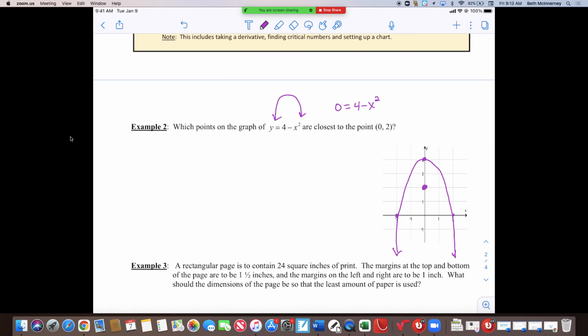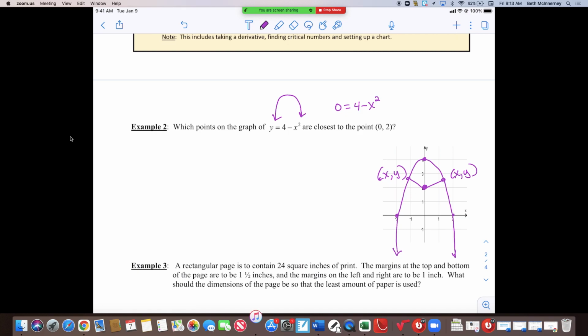And what I'm trying to find is which points are closest, actually that would be just x, y. So I'm trying to figure out which points on the graph of the parabola are closest to 0, 2.